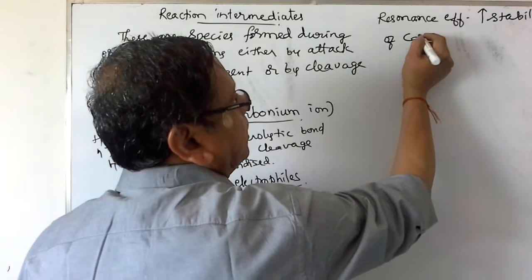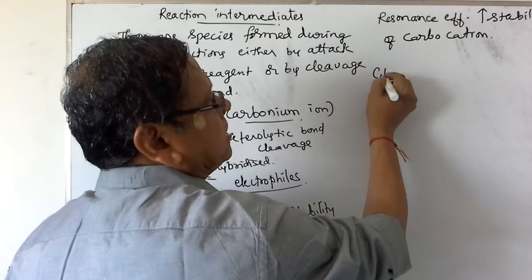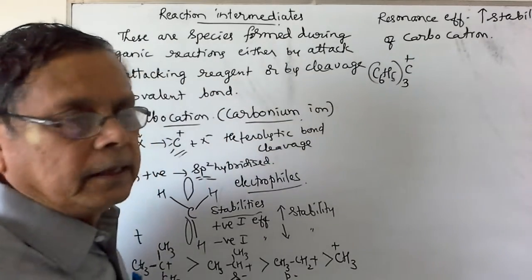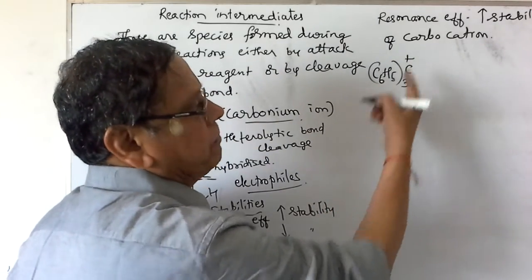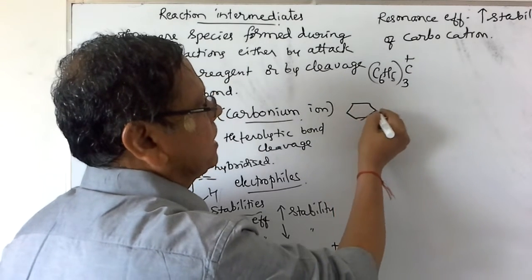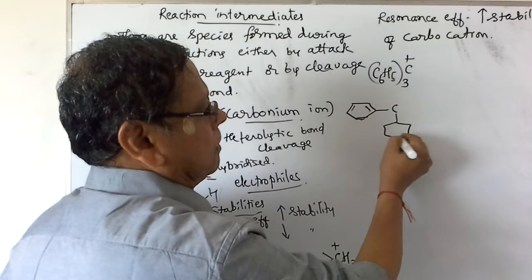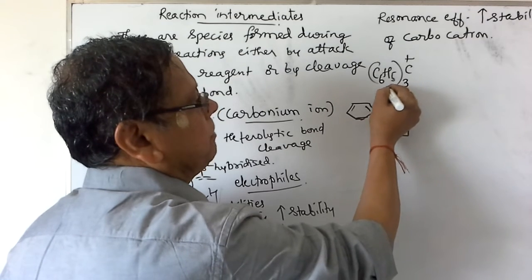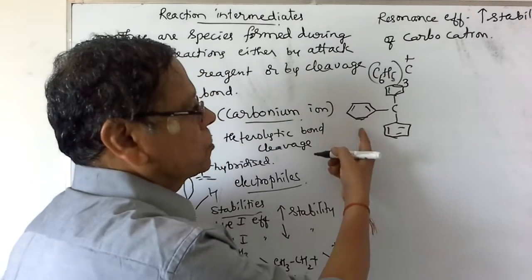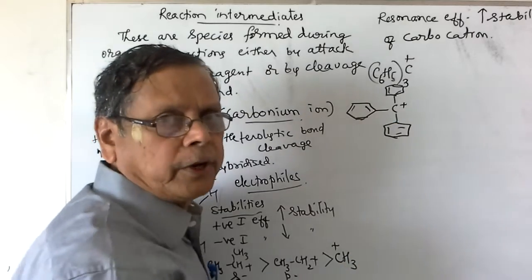For example, if you take (C6H5)3C+, that is the triphenyl methyl carbocation, when we say benzene rings attached to this carbon atom, then automatically all the three benzene rings will contribute to the resonance effect. Since so many resonance structures are possible for this one, it increases the stability of this carbocation.